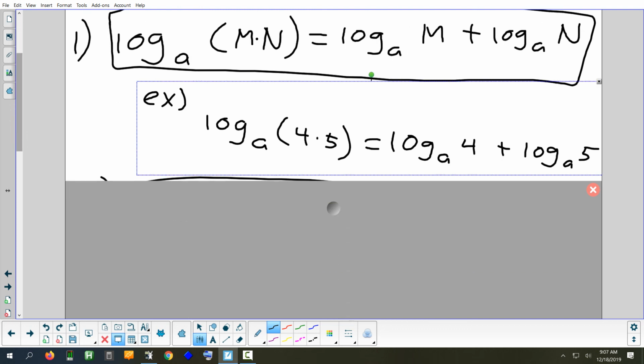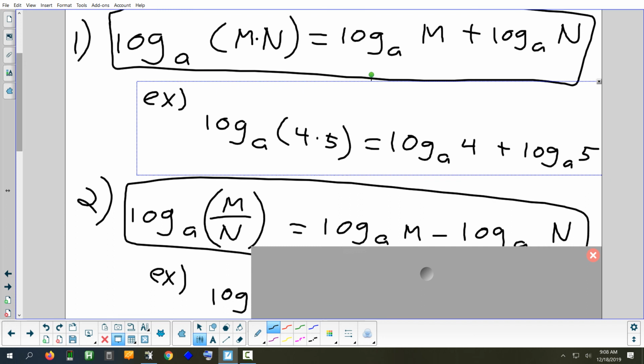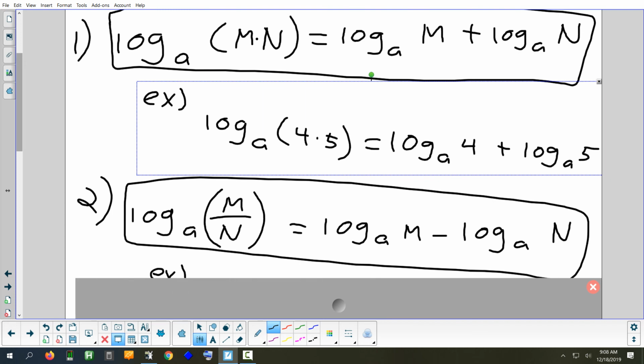So if a product splits as a sum, what do you think a quotient will split as? Yep, it's going to split as subtraction. And the order is important.